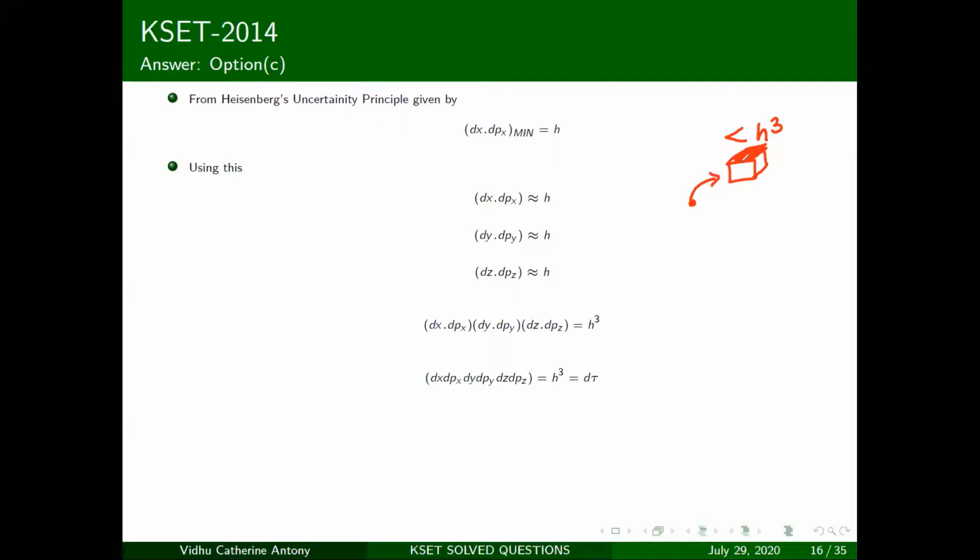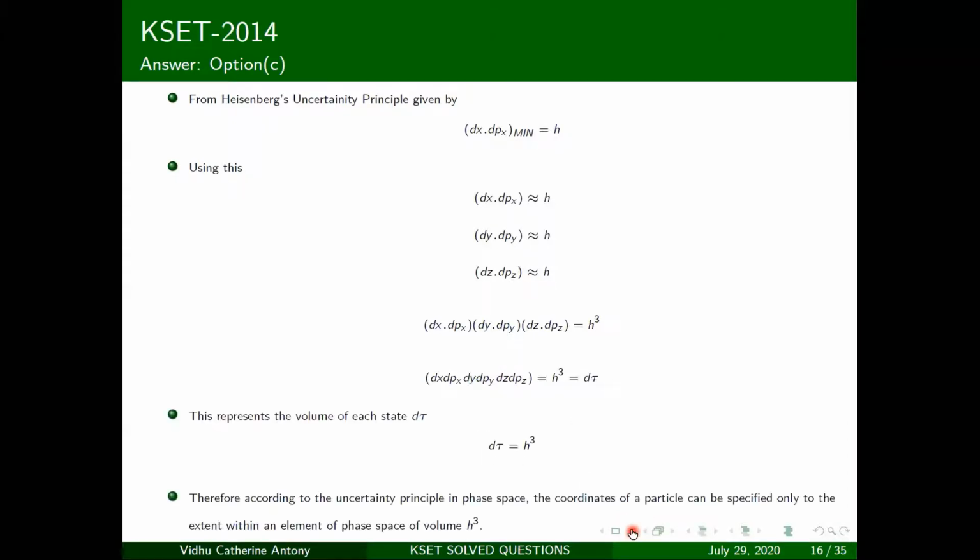This is how you represent your phase space, d tau. So d tau is equal to h cube. Because of the uncertainty principle, the coordinates of a particle can only be specified within a phase space volume element of h cube and no less. It cannot go below h cube.